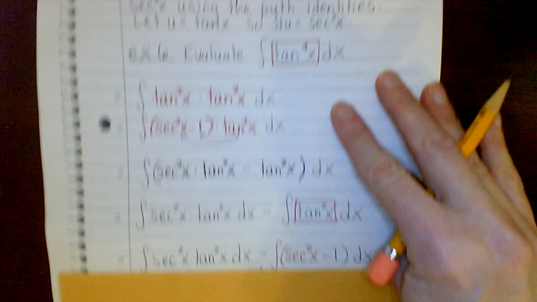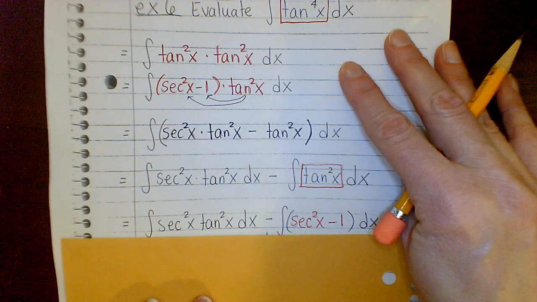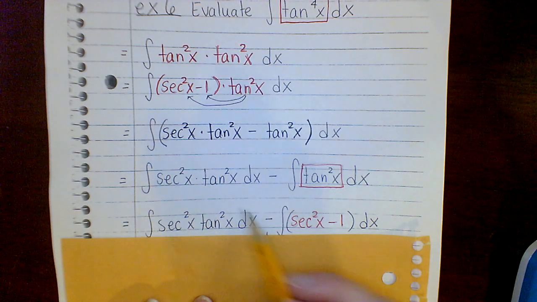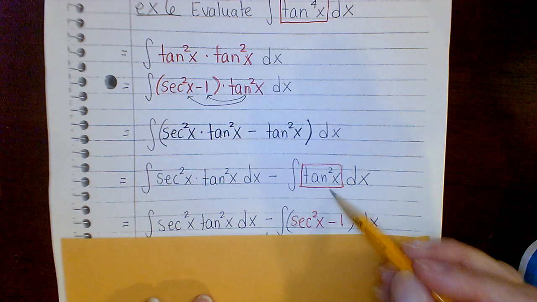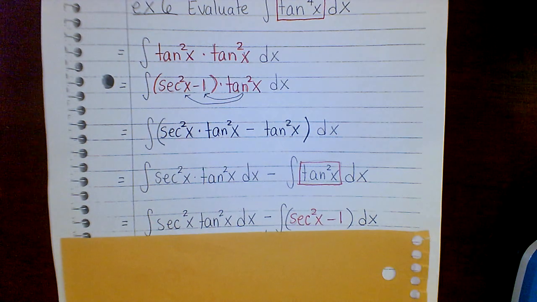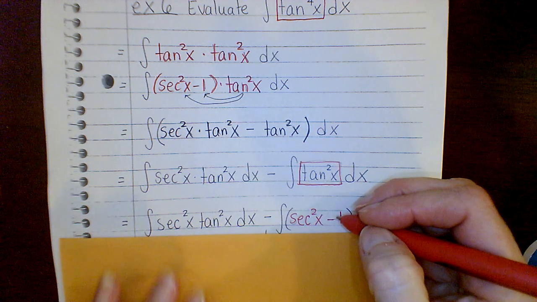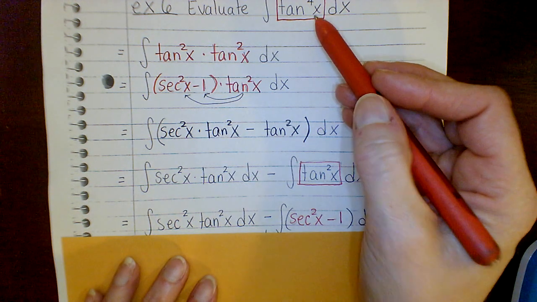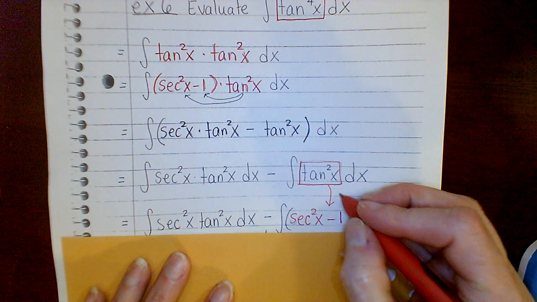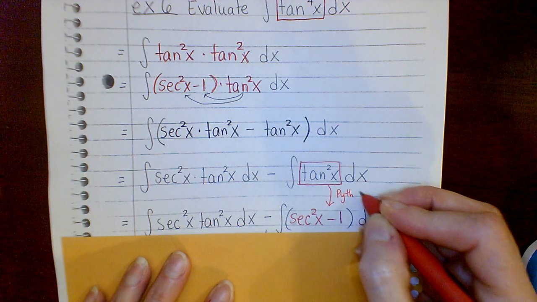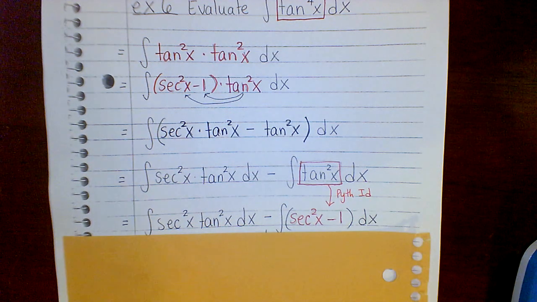Well, let's use the Pythagorean identity again. So this integral's okay. We'll be back for you. But let's go ahead and use that Pythagorean identity again on this one. So it's kind of the same thing I did for that 4th power. Let's just keep that party going here. So we've got the Pythagorean identity.